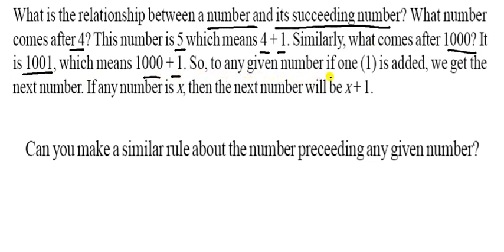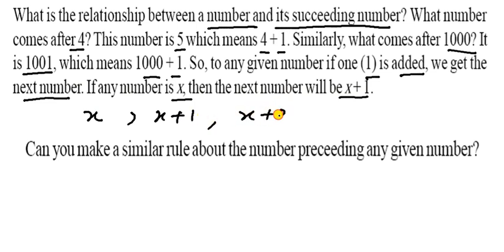So if we add 1 to any number, we get the next number. Similarly, if any number is x, then the next number is x plus 1, and the next after that is x plus 2, then x plus 3, and so on.